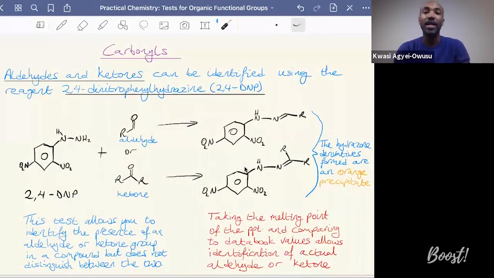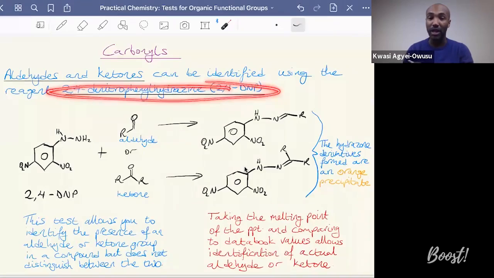Okay, so let's move on to the next functional group then, which is the test for the carbonyl group in aldehydes and ketones. The reagent that would be used, if you were allowed to carry this out, would be 2,4-dinitrophenylhydrazine.